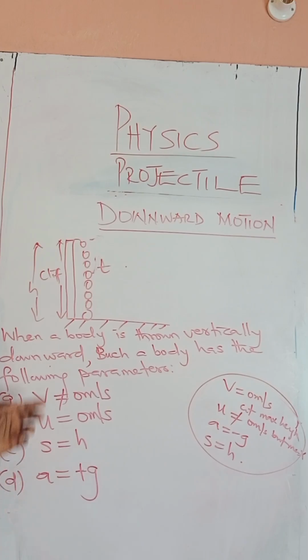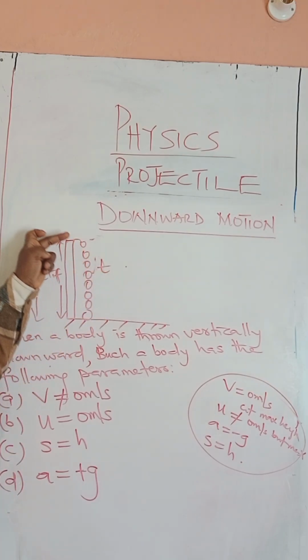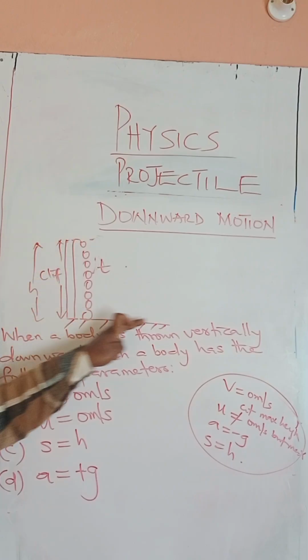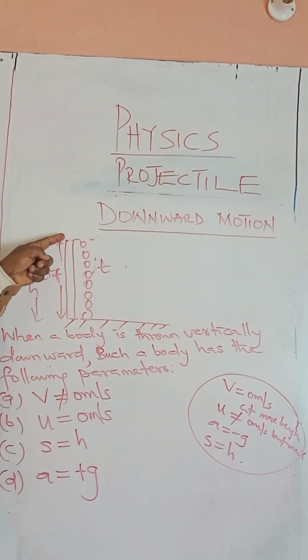So we want to find the time taken for a body projected vertically downward from the top of a building to reach the foot, and then we want to calculate the height. These are the two things we want to determine: the time and the height.